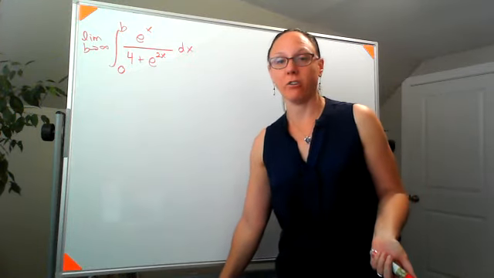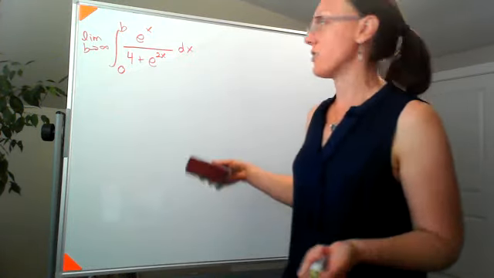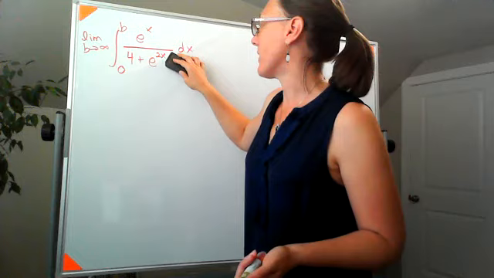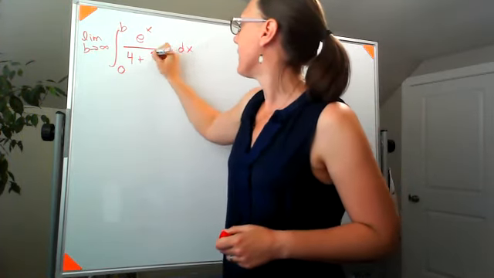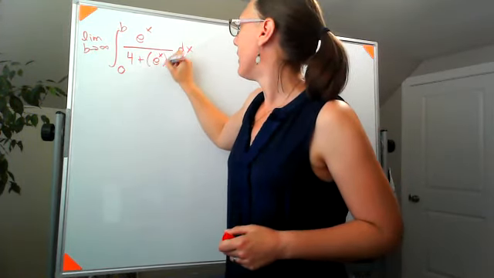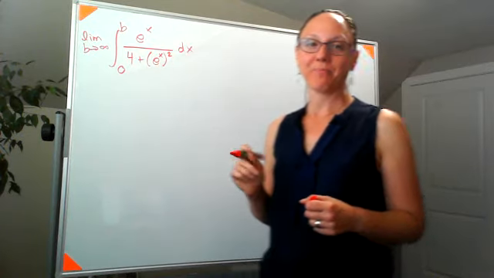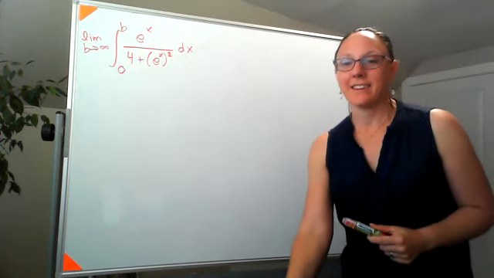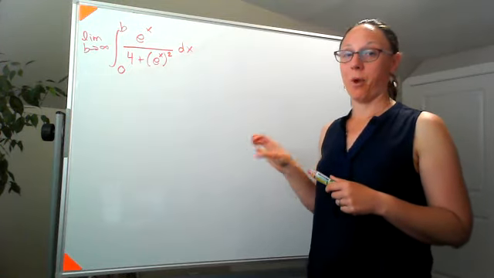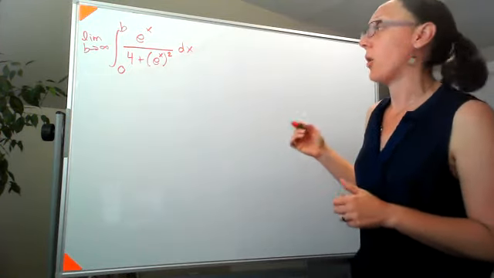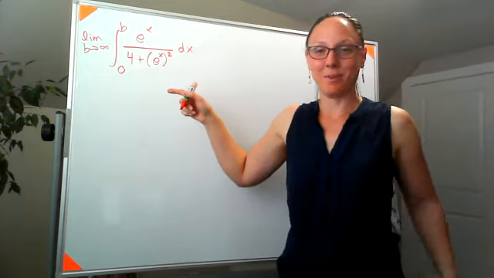Oftentimes when we're taking integrals, we want to think about e to the 2x as actually saying e to the x squared. So that e to the x squared piece means that I can set the entire bottom to be u. Or rather, I can set that e to the x to be u.